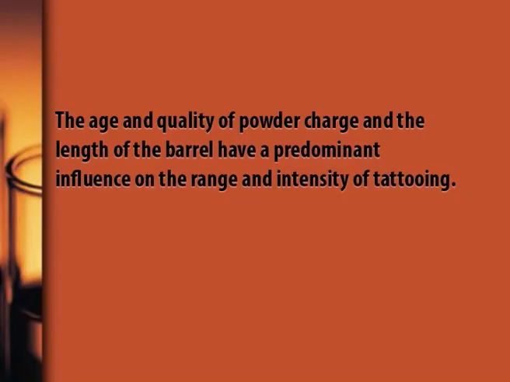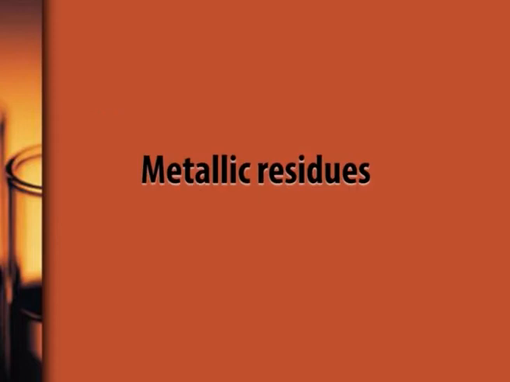Consequently, tattooing has a longer range, about 1.5 times that of the blackening range. The age and quantity of powder charge and the length of the barrel have a predominant influence on the range and intensity of tattooing.